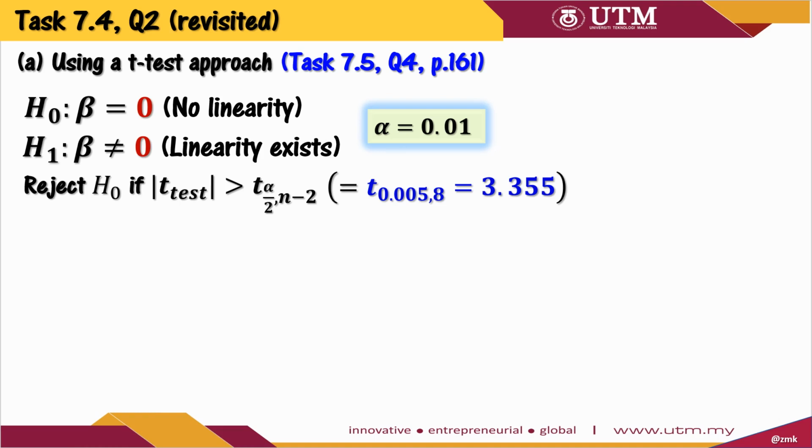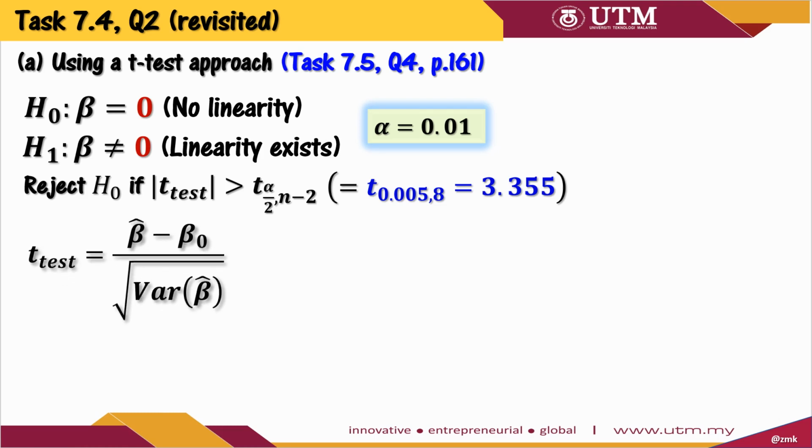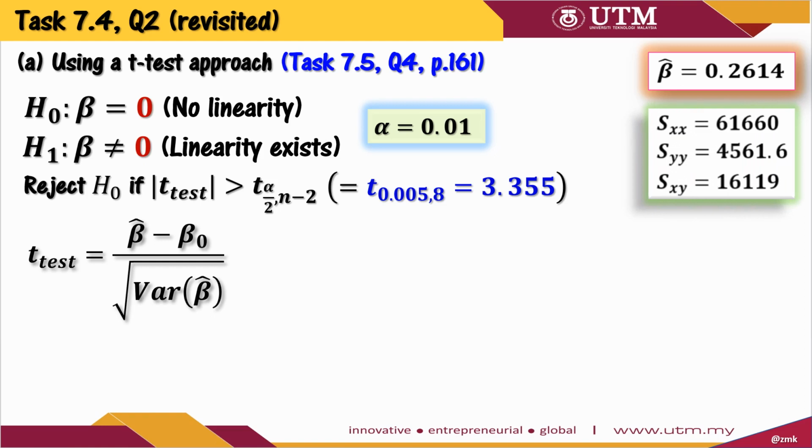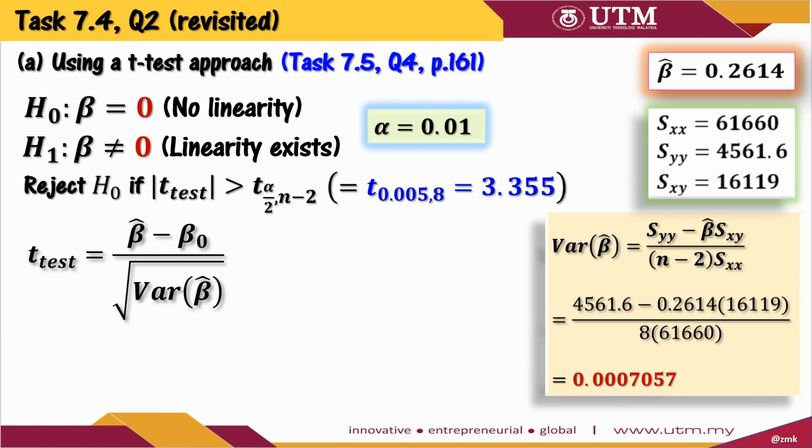As mentioned earlier, the t-test statistic is defined as follows. You can substitute beta hat with this value obtained from calculator directly and beta naught with 0. In addition, by using the calculated sums of squares and sum of product to work out the variance of beta hat as calculated before and substitute the variance of beta hat in the t-test formula.